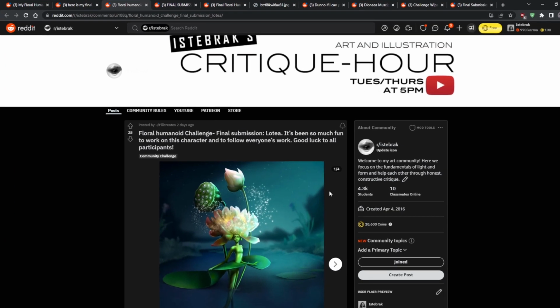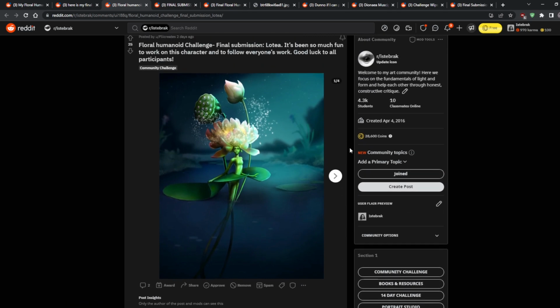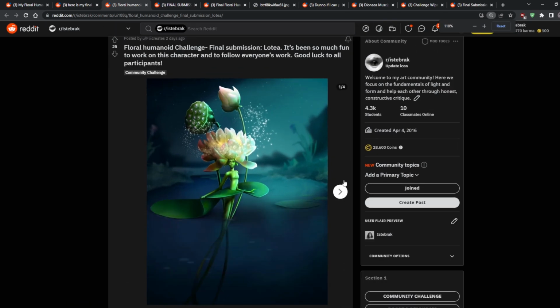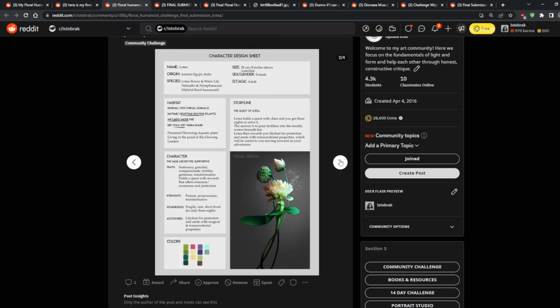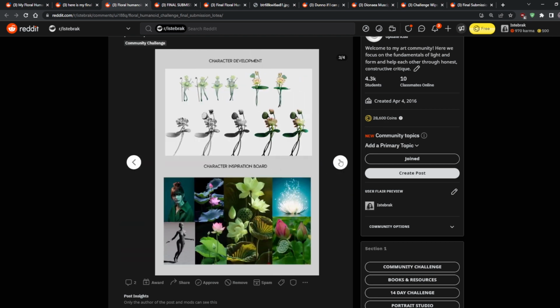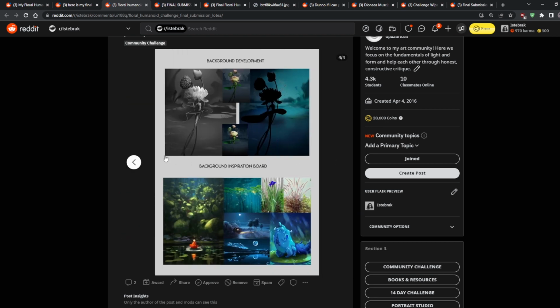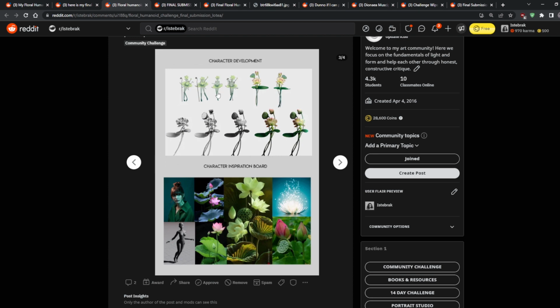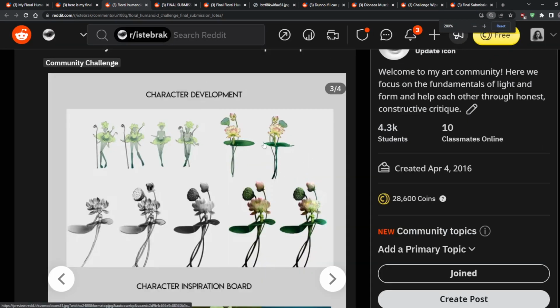Okay, this one's really interesting because I loved these sketches for this one. Go ahead first, Ali. Oh, sure. I remember seeing these sketches early on, and I loved how it was definitely more on the side of the floral versus the humanoid, which I love. Yeah. Those are the submissions that I enjoyed the most.